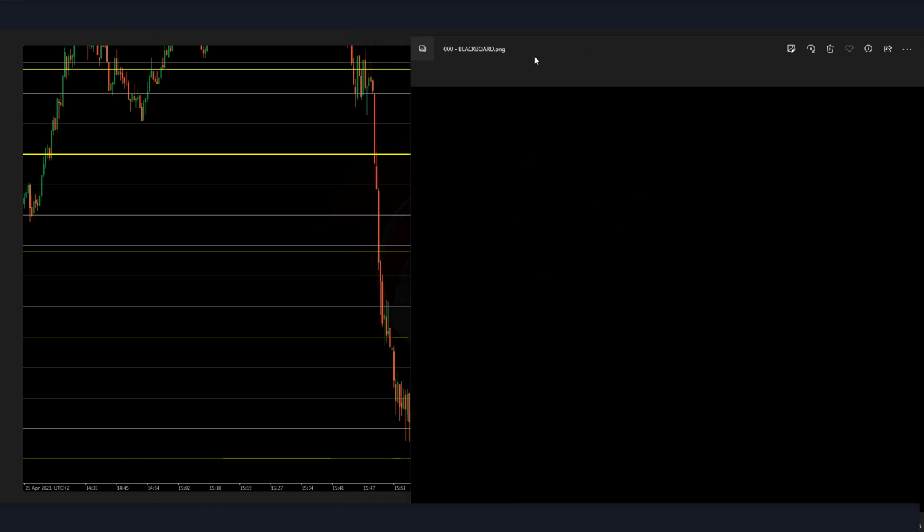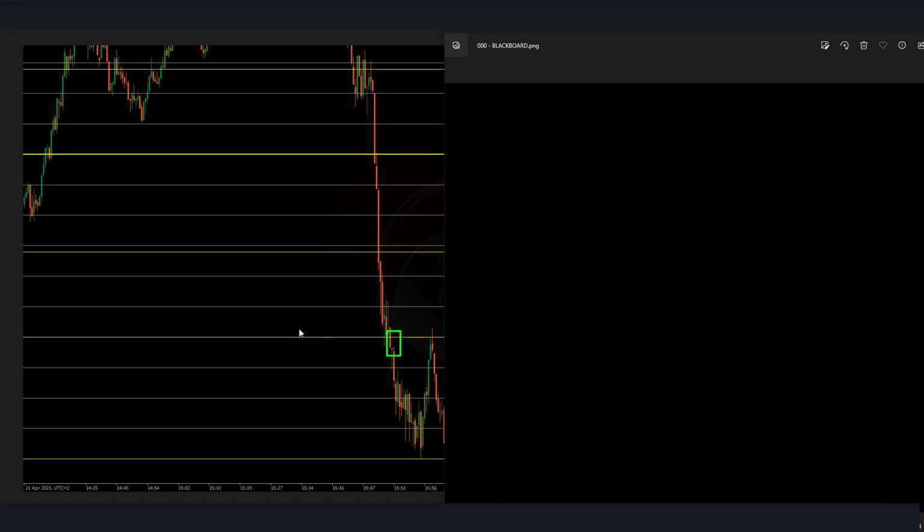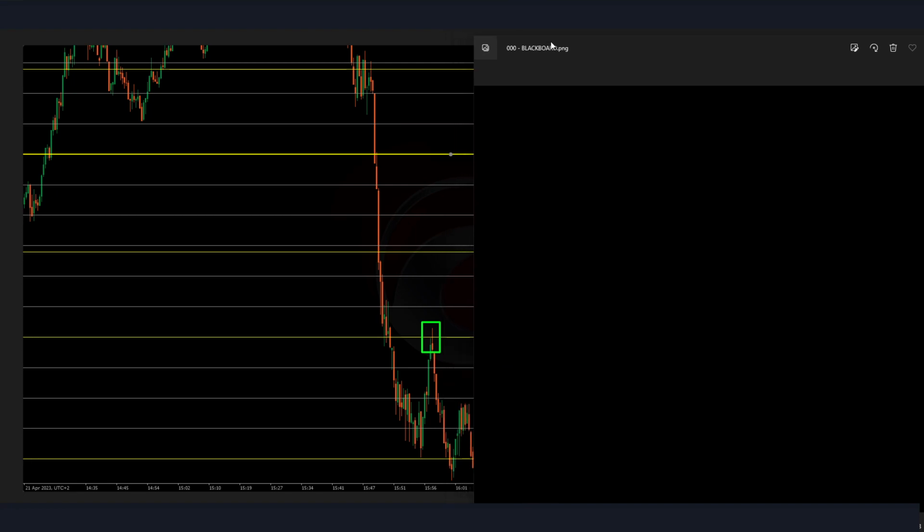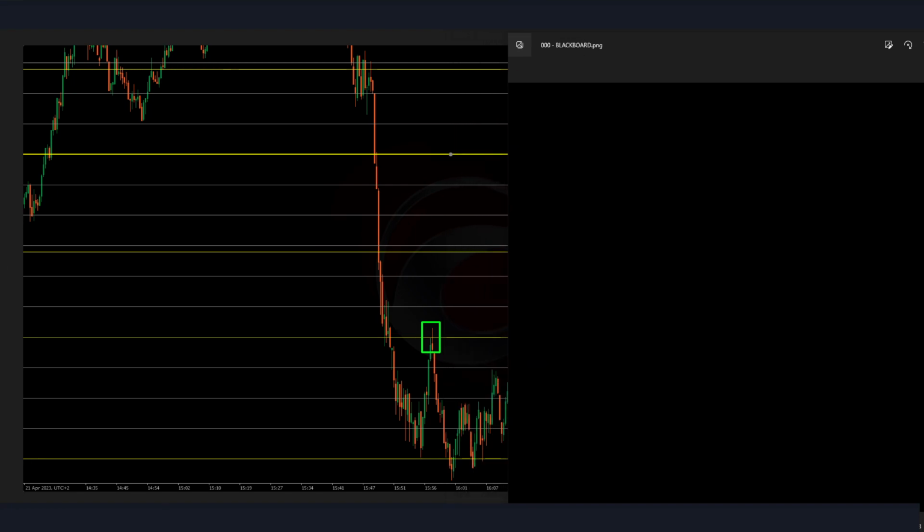Let's see, 21B. So we see this strong push, price staying below this low with a possible aggressive entry, or even better, I will prefer to take this one actually, and then pushing back up. We don't see any candle closing down below, so no real reason for a new sell to be taken.